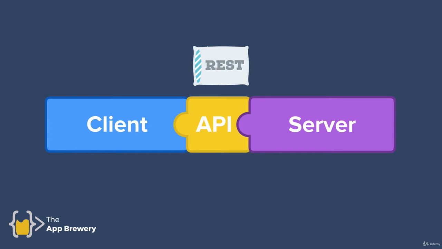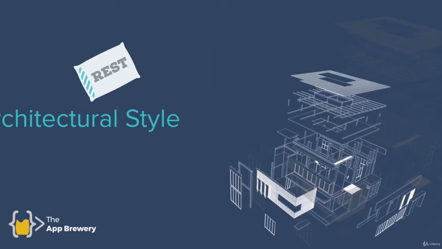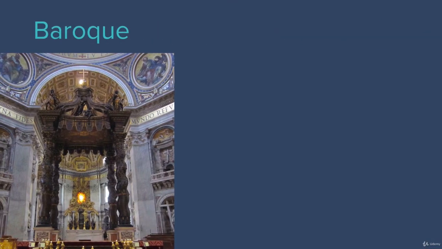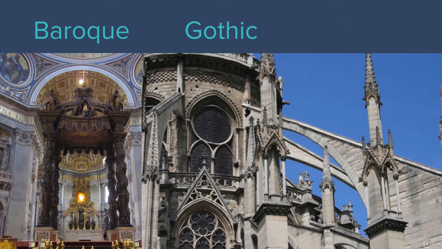Well, REST is essentially just an architectural style. So just as you have different buildings that have different architectural styles, for example, the Baroque architectural style with the nice arches, or other buildings might be built in the Gothic architectural style with flying buttresses and these imposing beams.